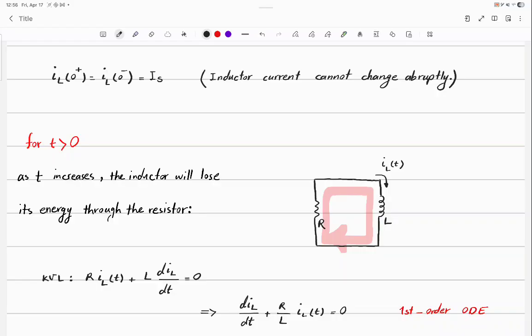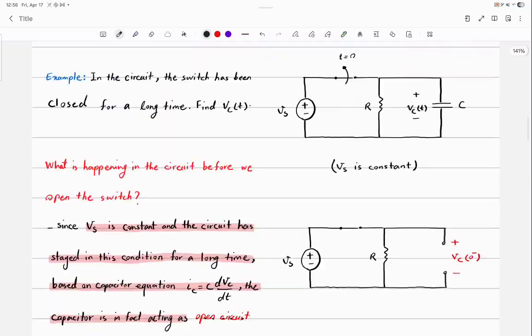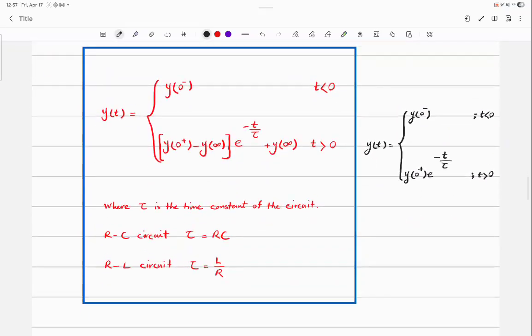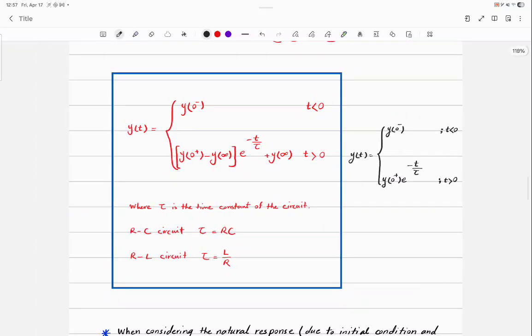Because everything is not because of any external sources. So the fact that I've added this into my generic equation, first of all, confirm for me that for today's lecture, the black one is equivalent to the red one. Do you confirm? Because y infinity is zero. So I've just added that too.